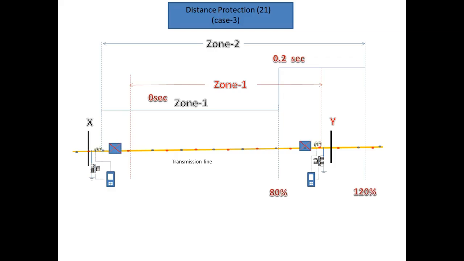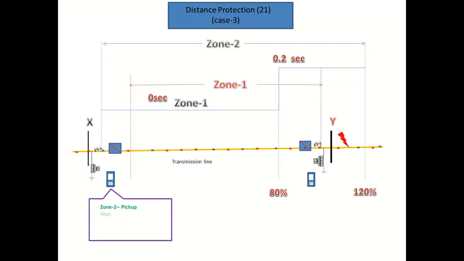In case 3, for my relay the fault is in zone 2, so the relay is picked up in zone 2. My receiving end relay does not detect it in zone 1, because the fault is behind that relay, far away from it.